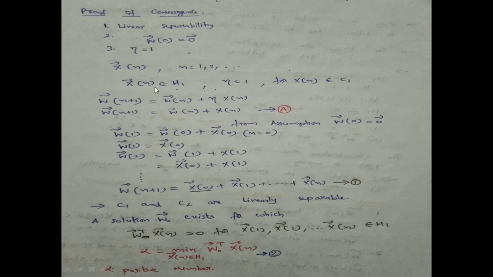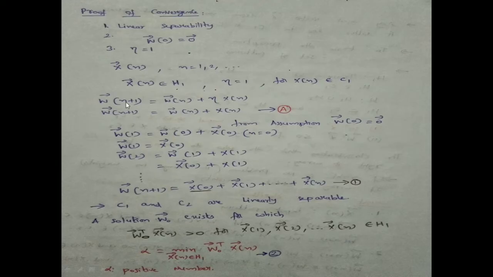Let us assume that x of n belongs to the subset H1, that is, this must be classified into class C1, and eta equal to 1. As initially assumed, this is misclassified. So what will be our w of n plus 1?